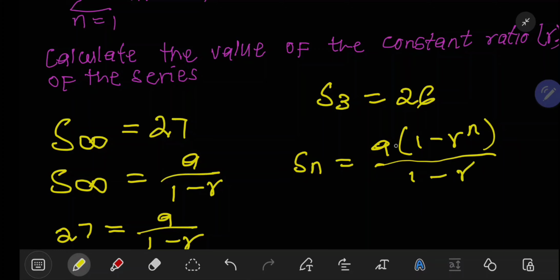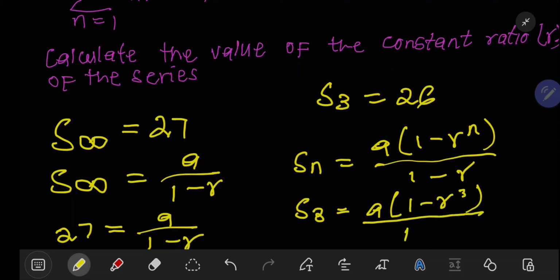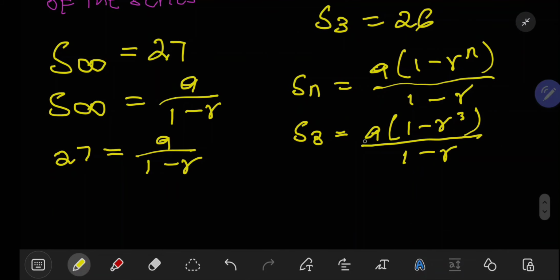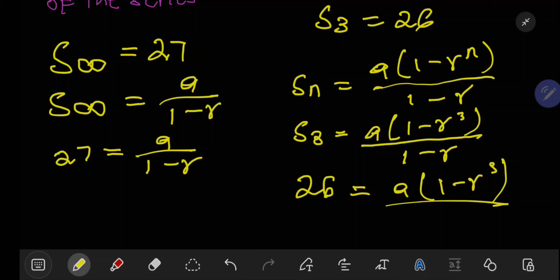So for the sum of 3 terms, where we see n, we substitute 3. So this is 1 minus r raised to exponent 3, over 1 minus r, and this is equal to 26. So 26 is equal to a into 1 minus r cube over 1 minus r. So we have 2 equations here. This is our equation 1, and this is your equation 2.